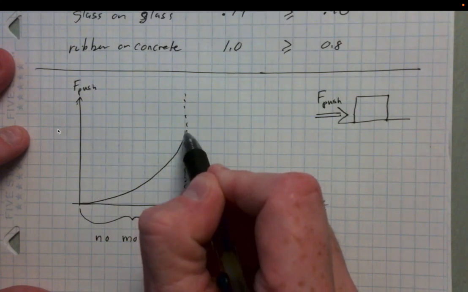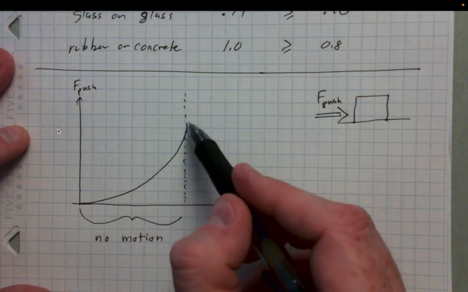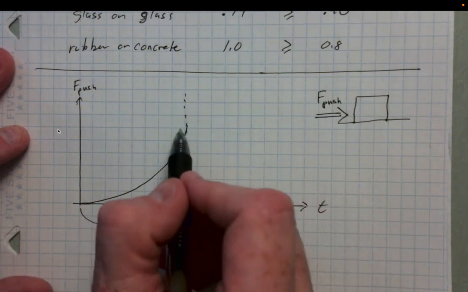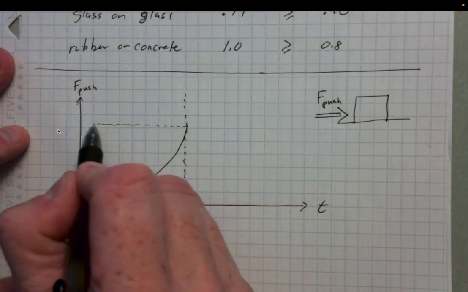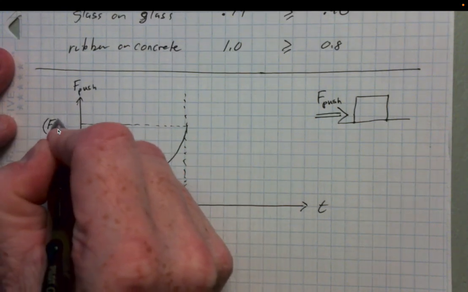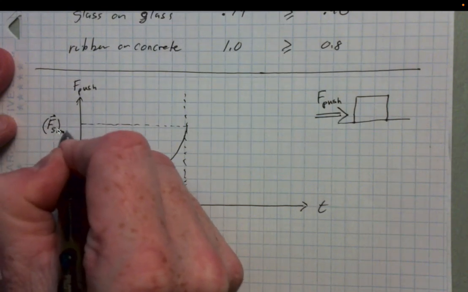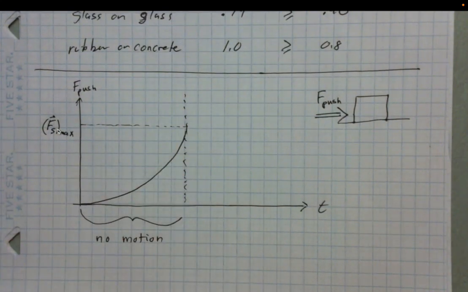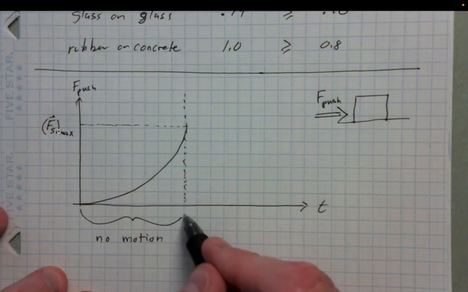No movement yet, but then we're going to hit this level. And what is this level? This is the level that I'm going to call the static friction max. Once that level is hit, the object goes from having no motion to moving.